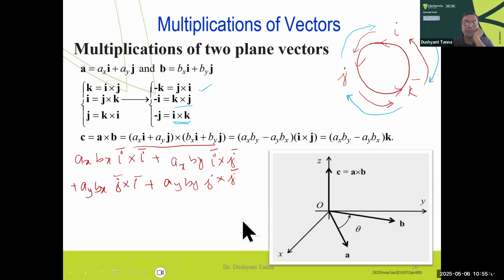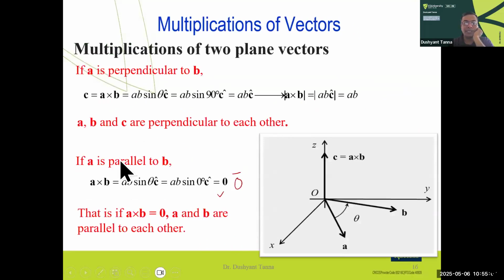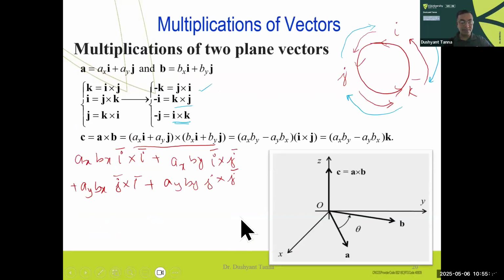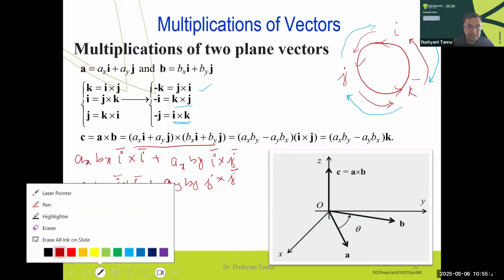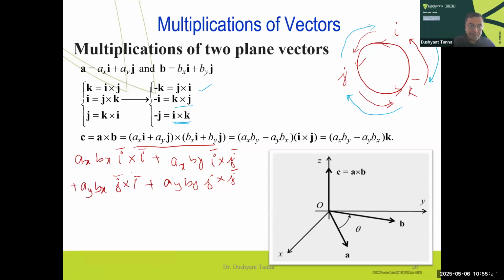Now I cross I. If you go back to the previous slide, just before the example, if the vectors are parallel, then the cross product is 0. So I with I, same vector. A vector with itself is always parallel, right? So this will be the 0 vector. So that's gone. I cross J is vector K, right?